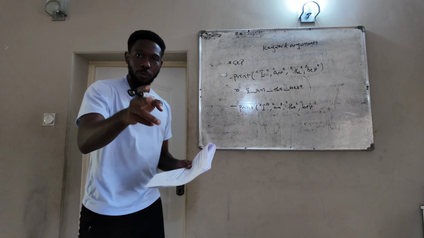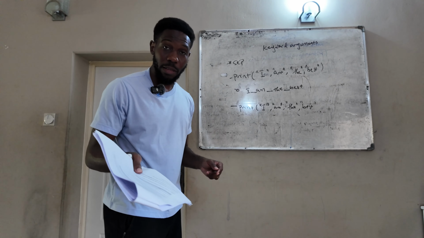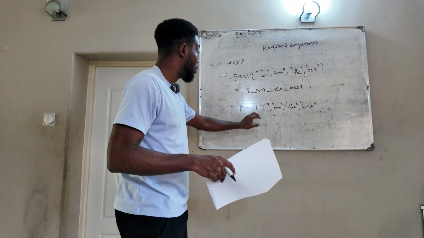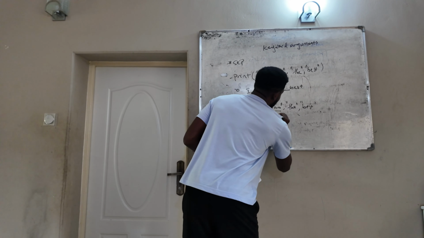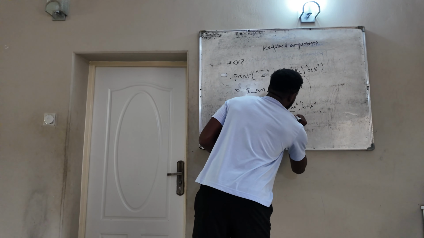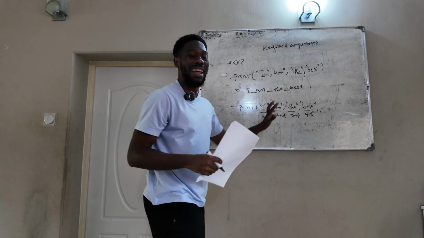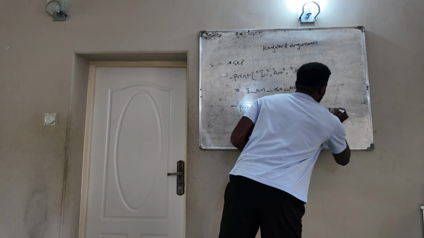What did we say about keyword arguments? We said that whenever we use keyword arguments, it's going to be the last thing in our function. So it's going to be the last argument. So we have the positional ones, first, second, third, fourth. Then the last thing is sep, which we now have.